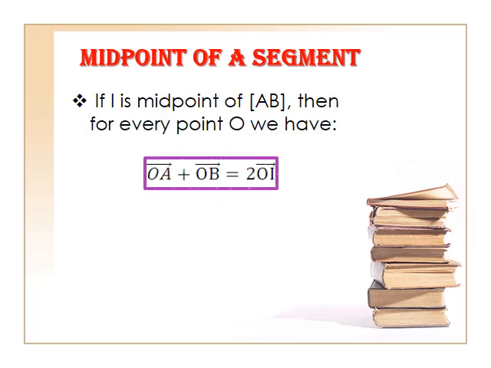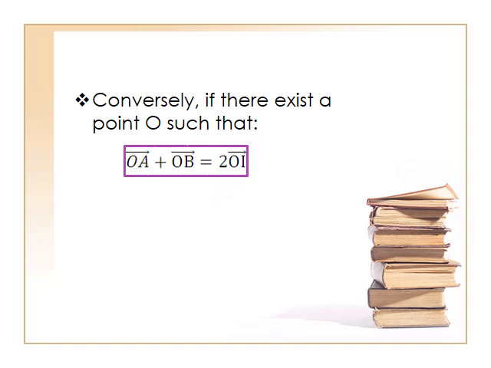Midpoint of a segment. If I is the midpoint of AB, then for every point O, we have OA plus OB equal to 2 OI. Conversely, if there exists a point O such that OA plus OB equals 2 OI, then I is the midpoint of AB.